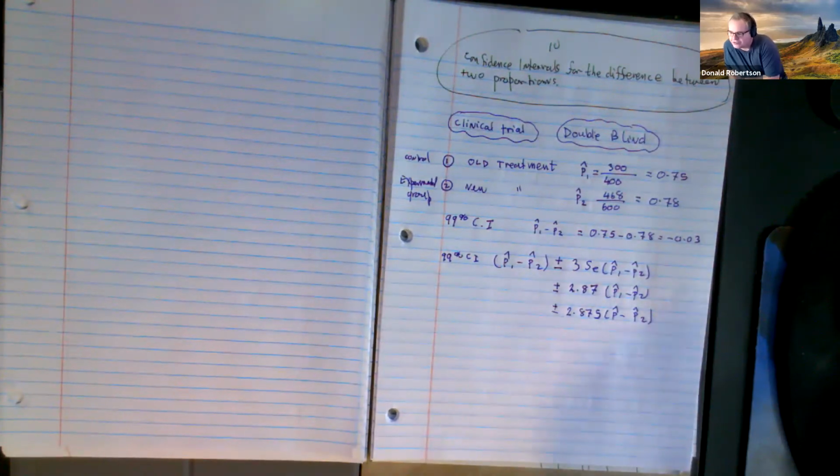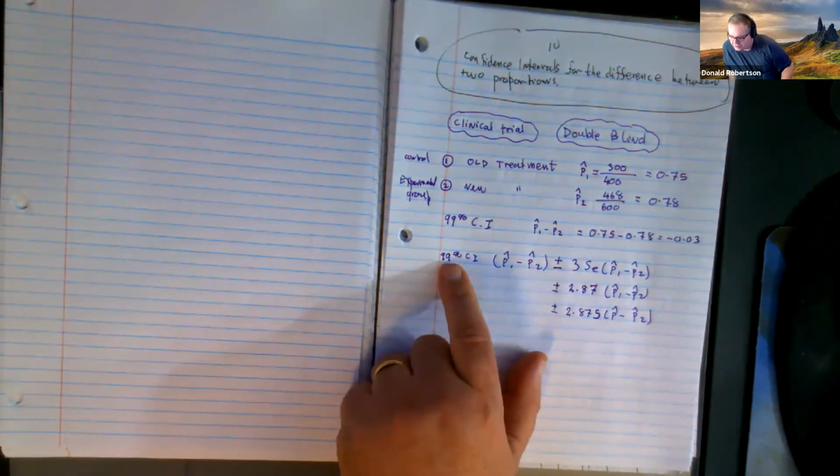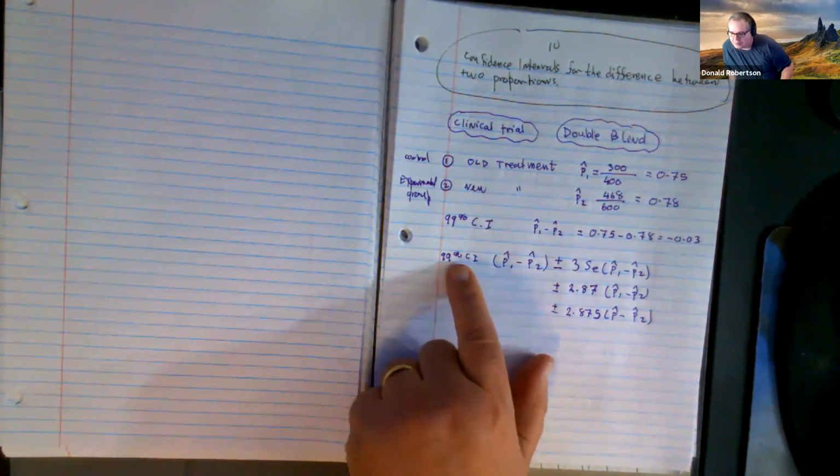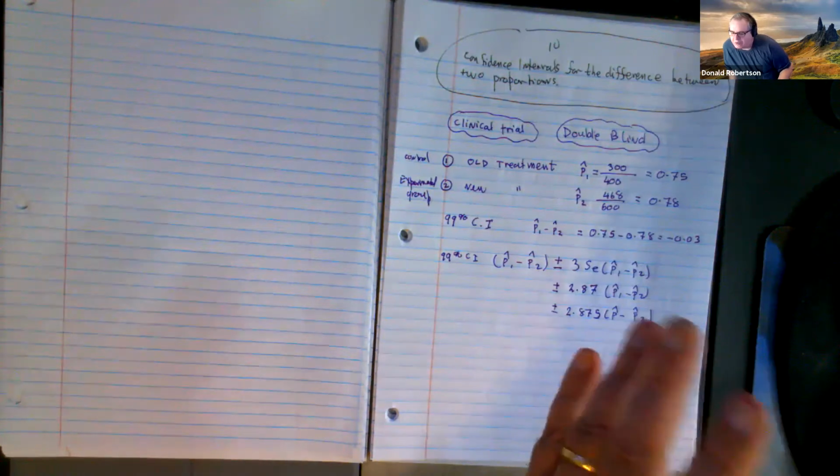We use it a lot because it's easy to work with. These two numbers are more accurate. In other words, they give you an answer that's much closer to 99%. Technically speaking, isn't that 99.7? It's a little bit different as well. Some textbooks use 2.58 when they want to be more accurate. Other textbooks use 2.575. So I'm just giving you those two to show you that there are other versions of this.